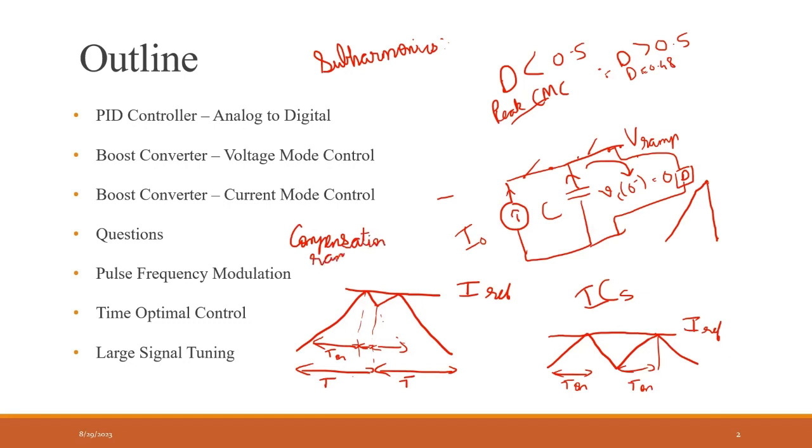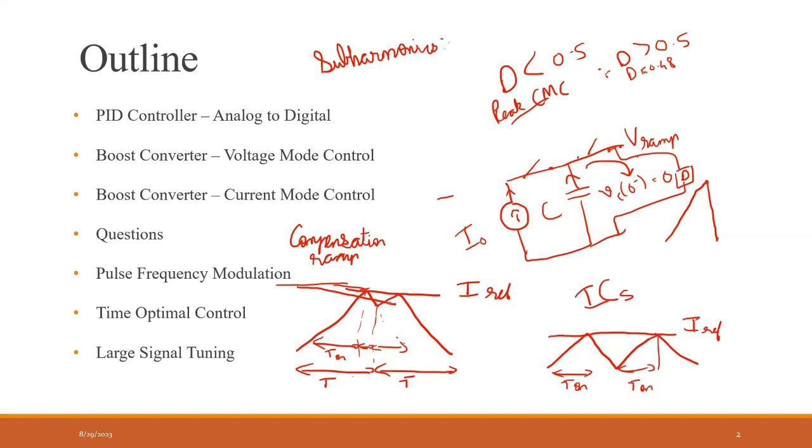In the compensation ramp, what happens is this is your reference. There will be a sort of subtracting reference. Your reference initially is a straight line, but when you add the compensation ramp, the reference is decreasing with some slope, which is known as the compensation slope.